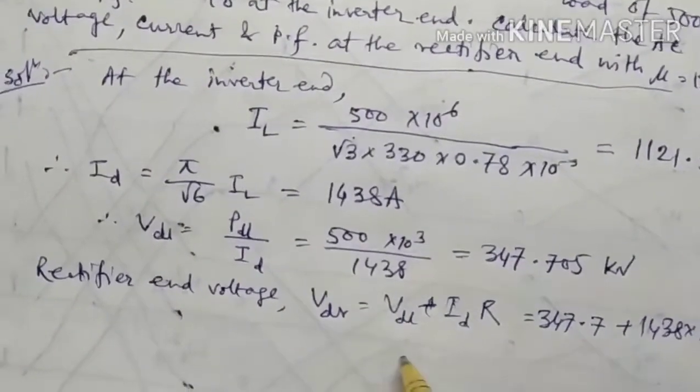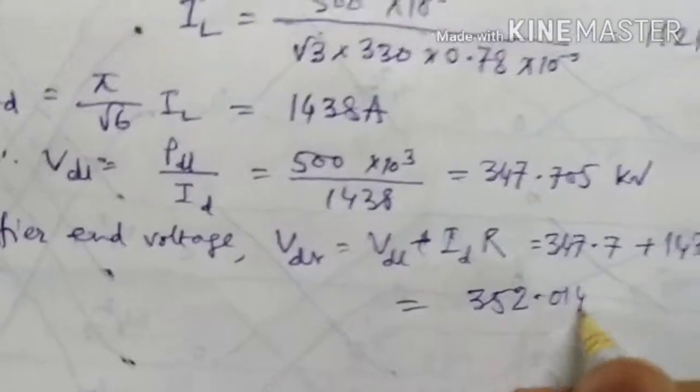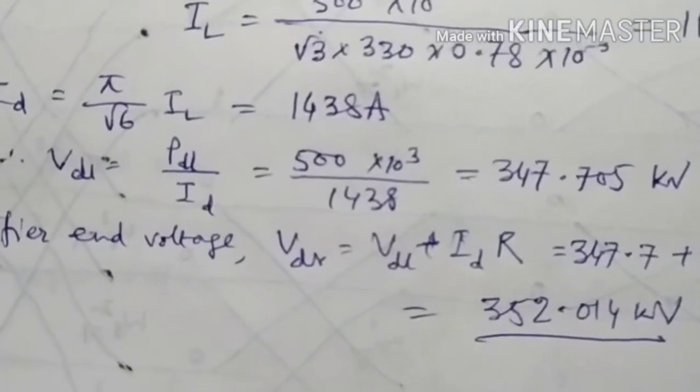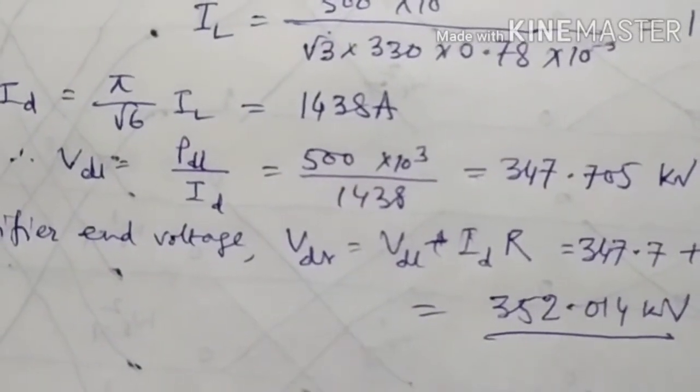So that will be equal to 352.014 kV. That will be the VDR.